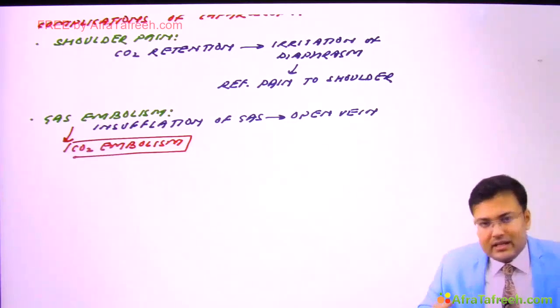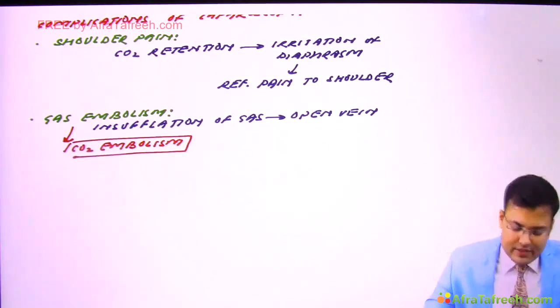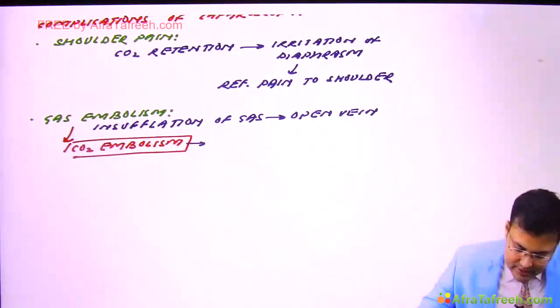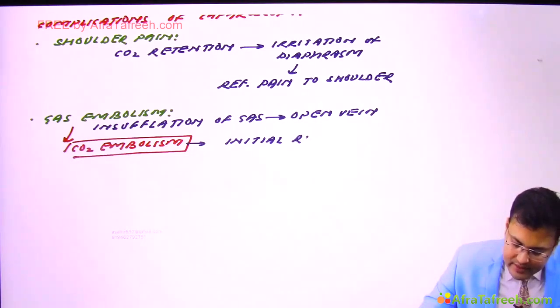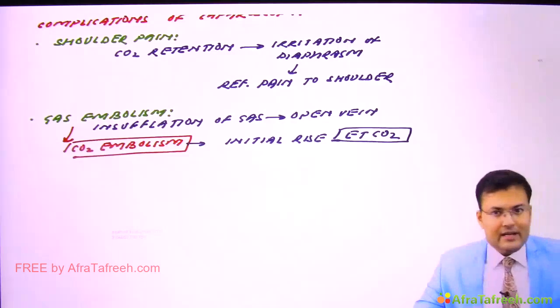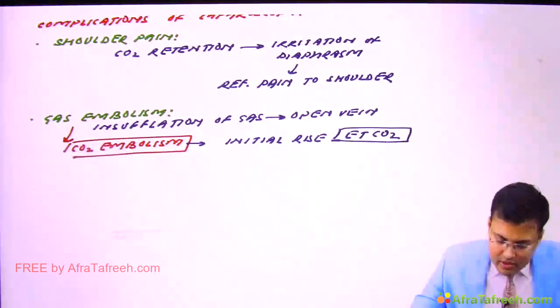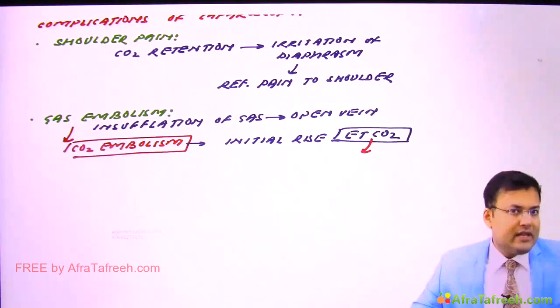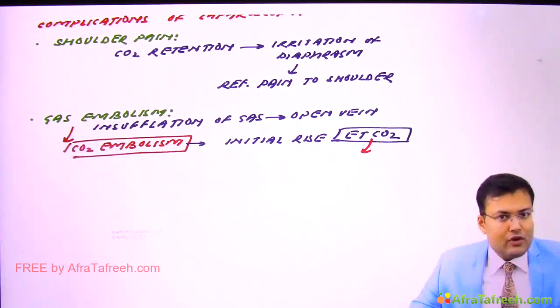Because of this increased pulmonary excretion of CO2, what's the problem? There is an initial rise of EtCO2, end-tidal CO2, but after some time, because of decreased cardiac output, it is going to fall.